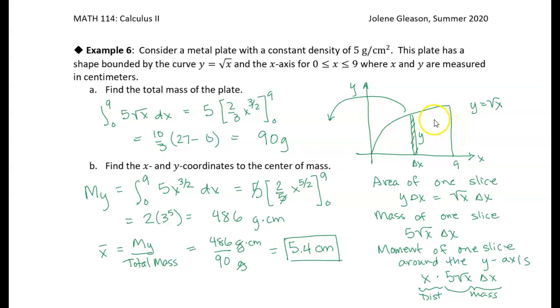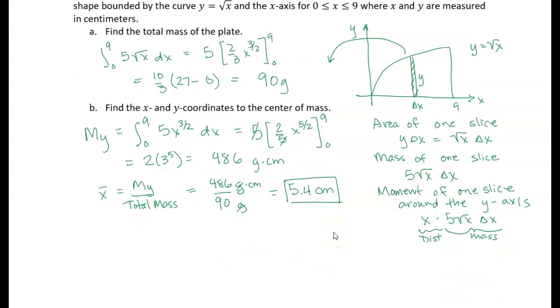If it was just a rectangle, say, then the center of gravity would be at 4.5. So it's always a good idea to look and say, okay, does that make sense? It makes sense that the center of gravity would be closer to the wider end of the plate because it's heavier on that end. So 5.4 is greater than half, so okay, it makes sense.